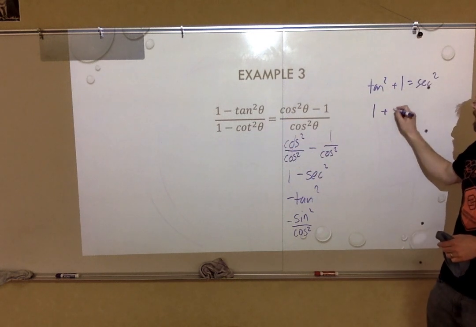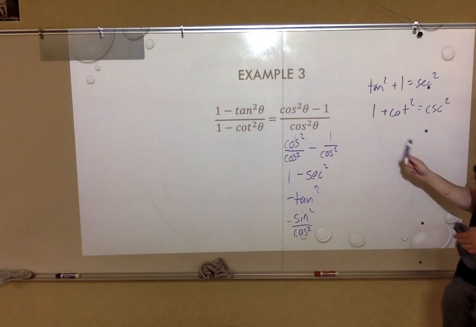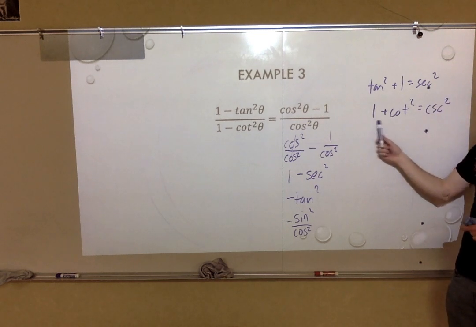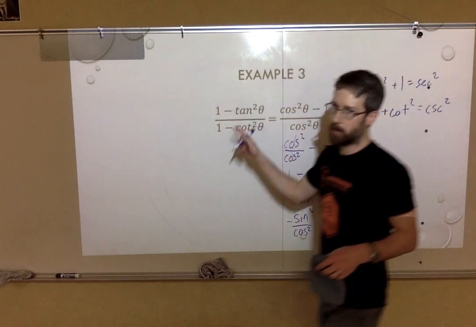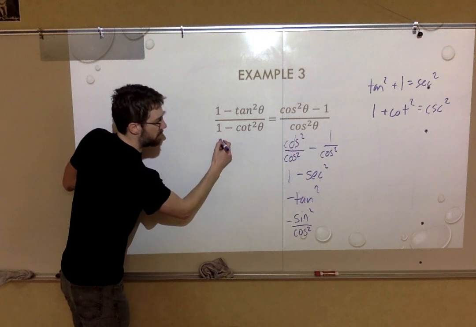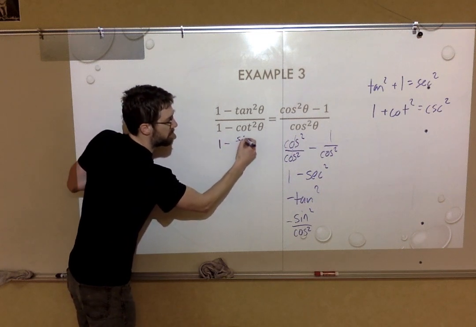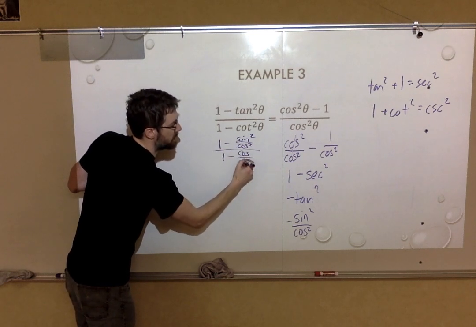It's 1 plus cotangent squared equals cosecant squared, and so I can't move things around to get this side to equal 1 minus cotangent squared. So what I'm going to do instead is change everything to sine and cosine. So tangent is sine over cosine, cotangent is cosine over sine.